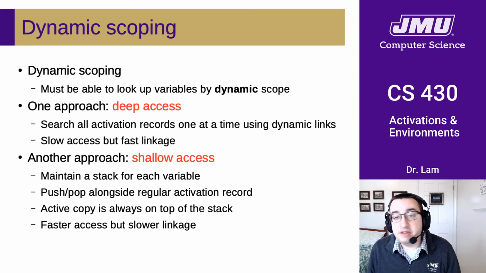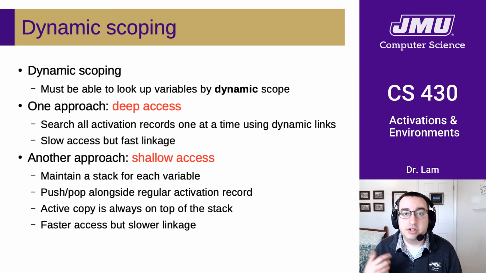And so the advantage here is that the active copy, the variable that is in the most immediate dynamic scope, is always the one on the top of its corresponding stack, which means that access times are faster. In fact, they're O(1) because you can just grab it off the top of the stack. However, you have to spend the extra time during calling and returning to set up these stacks. So there's a little bit of a trade-off here.